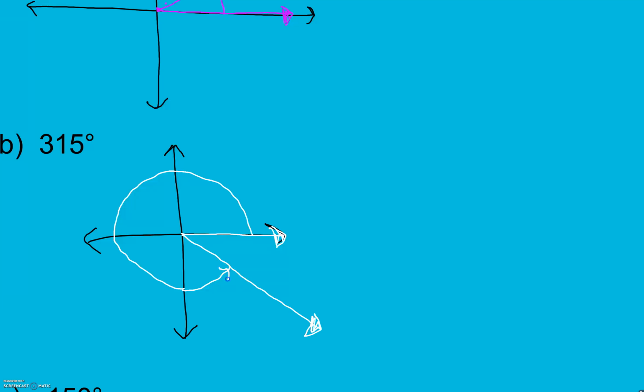Looks kind of like a Pac-Man. An arrow to show direction. And I'm going to say that's 315 degrees. I should have split that quadrant right in half, because, again, this is 90, 90, 90, which means all the way to here is 270 degrees plus an additional 45.